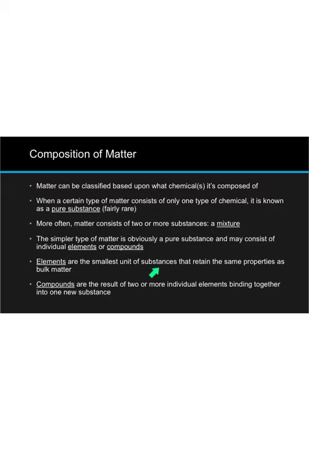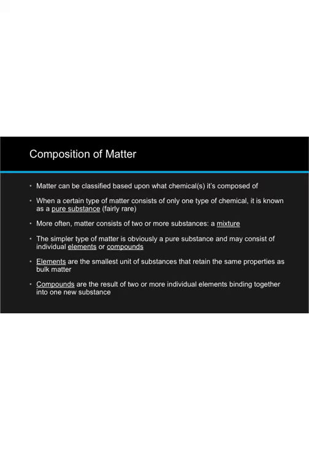Elements are the smallest unit of matter that retain the same properties as bulk materials, so that when they exist on an individual small scale, they behave the same way as when they exist on an agglomerate large scale. Atoms are individual discrete components of the elements.